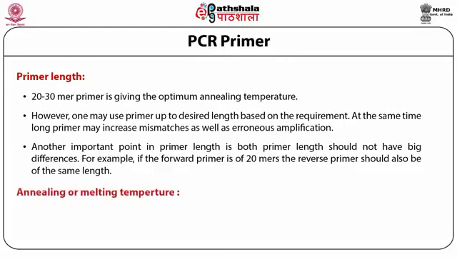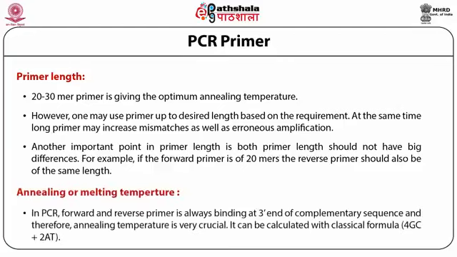Now come to the annealing temperature. The forward and reverse primers always bind to their 3' complementary sequence, and therefore annealing temperature is very crucial. First of all, the annealing temperature is determined by the 4GC plus 2AT formula, through which we can decide the approximate annealing temperature of a primer.